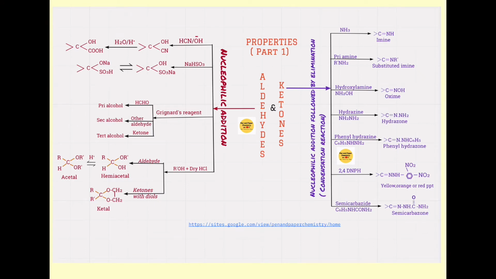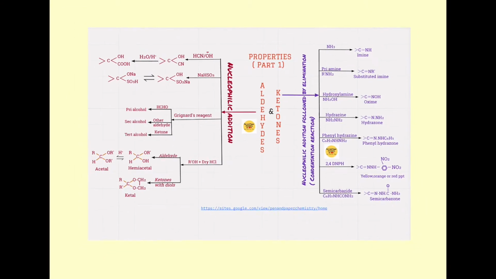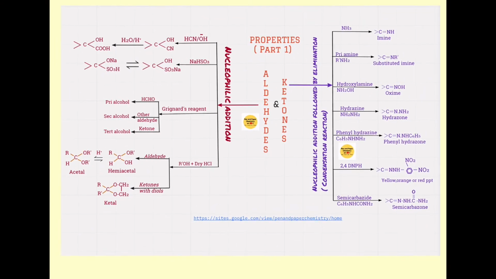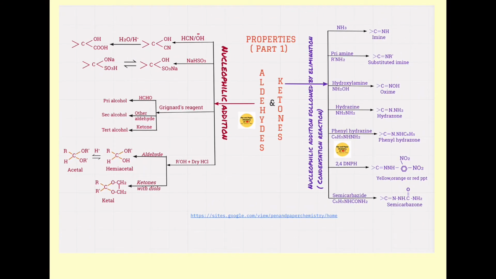We have only one part of this flowchart of properties of aldehydes and ketones, wherein we shall be talking about nucleophilic addition and nucleophilic addition followed by elimination. So let's get started with the properties of aldehydes and ketones.